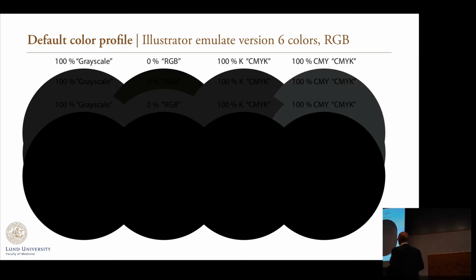But this is much more predictable, and it helps you to not have these washed out blacks from your files that you have generated in Illustrator. So there are two things, the emulate Illustrator 6 colors and working in RGB. This will help you there.